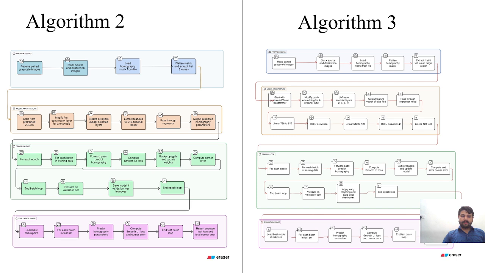Then in the training setup, I repeated the same task that I explained in algorithm 2, and the evaluation phase is the same. And in the last step, I get the average test loss and the average corner error.